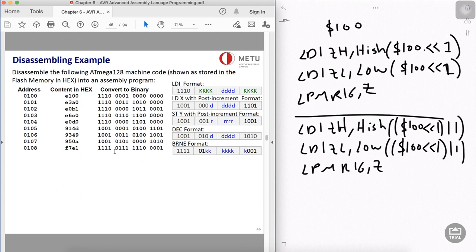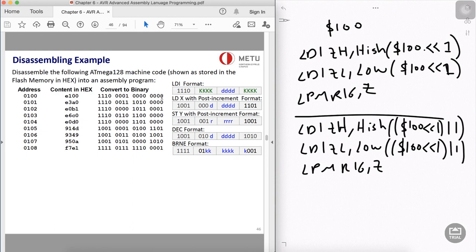I have already done an example in the last lecture, so I'm not going to repeat how we are going to disassemble this code, but if you want, you can try it by yourself. The first one, for example, is just an LDI instruction. So LDI 1110, then we have 001, and then 000, and then 000. Now this is saying it's going to be R16 as it is 000 for DDD, and that is 10.